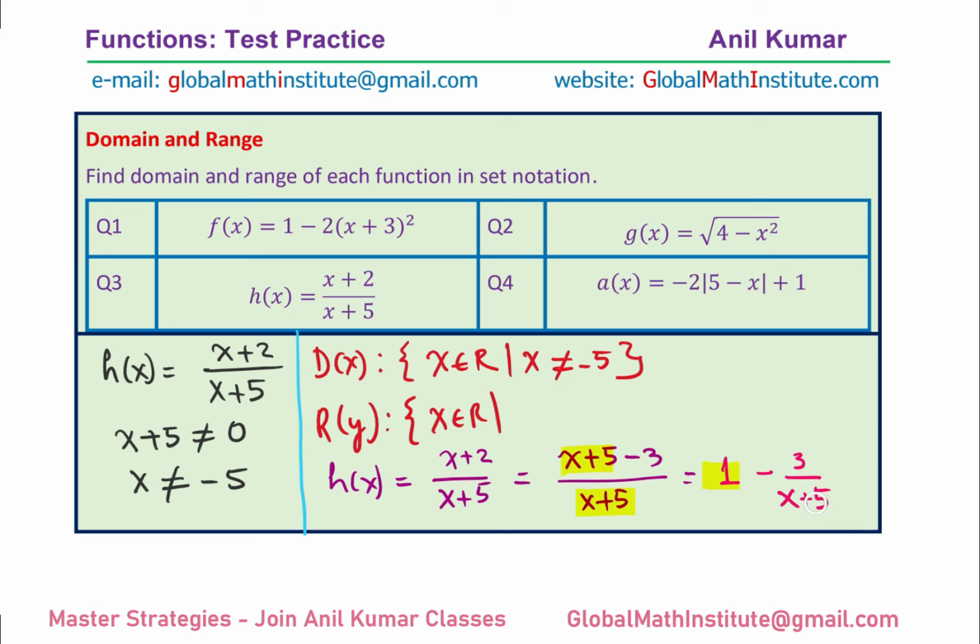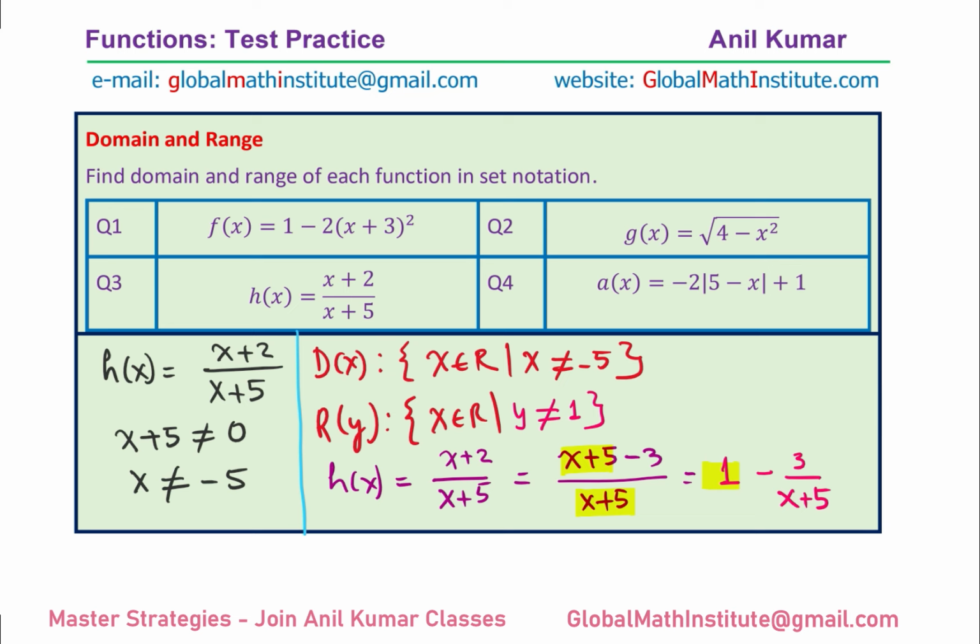Now, see, the last term can never be 0, right? But it could approach 0, and therefore, we can never get 1 as our value. So we say that y is not equal to 1. You get the idea. So that is how we get the restriction.